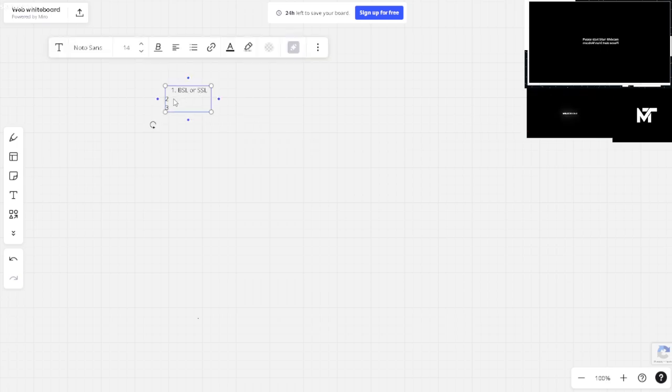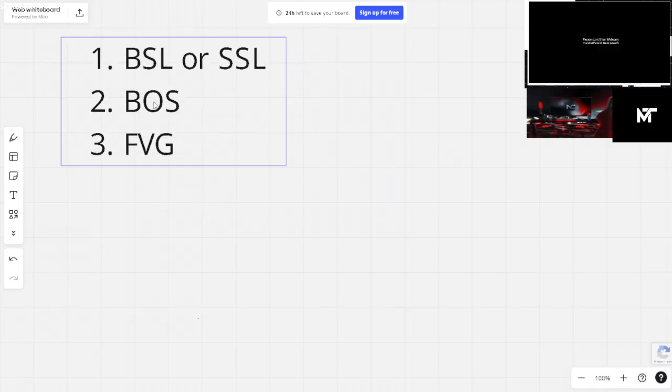This technically brings the strategy together. Second, we usually have a break of structure leading up to this. Then the third thing is a fair value gap to retrace back into.